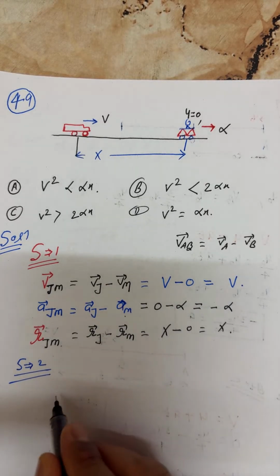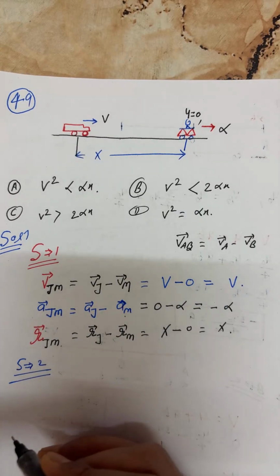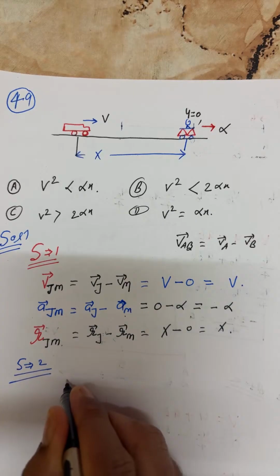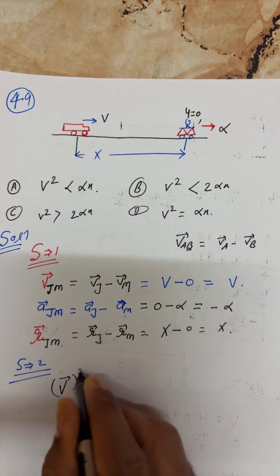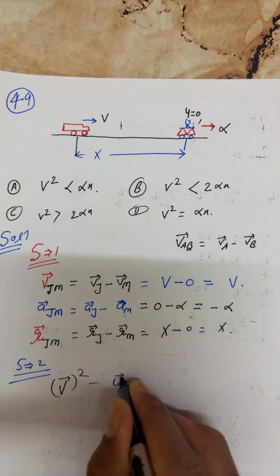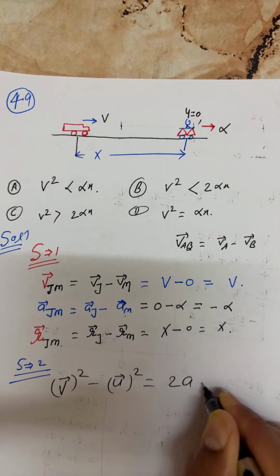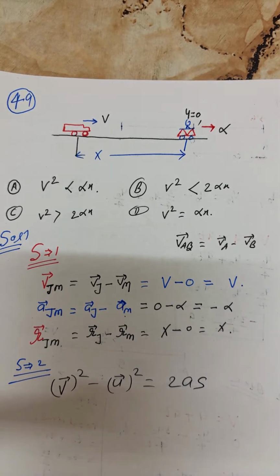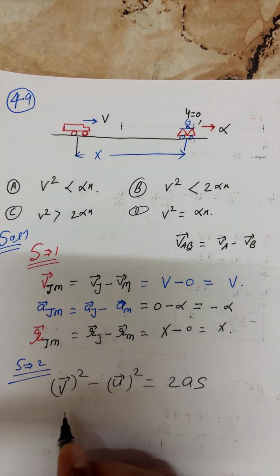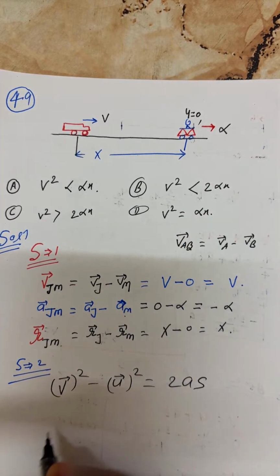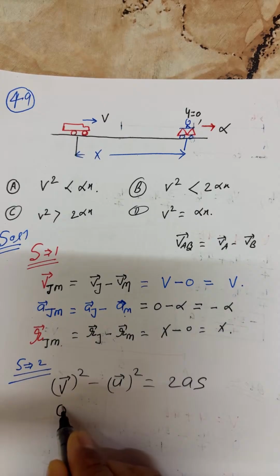Again here, I'll apply the third equation of motion. What is the third equation of motion? This is v square minus u square equals 2as. What is v here? Finally it is zero.